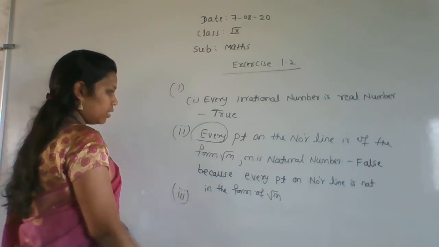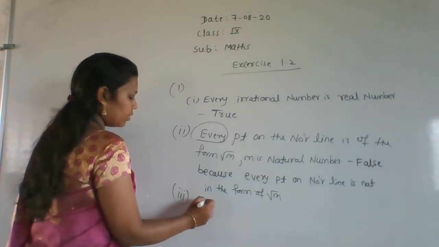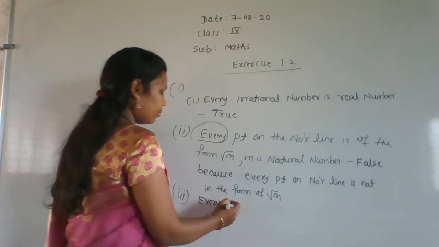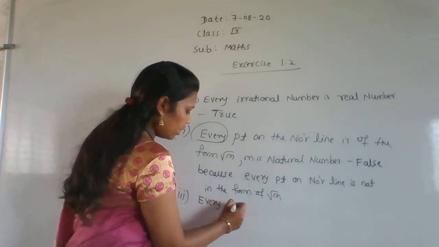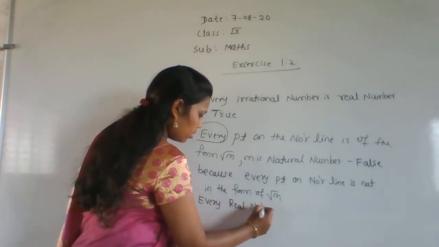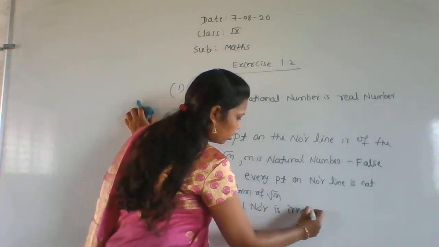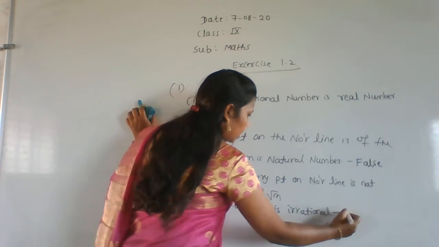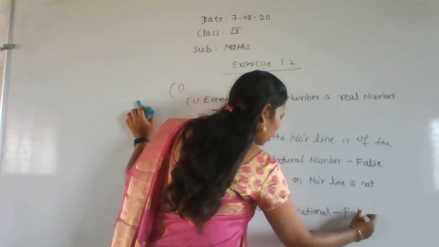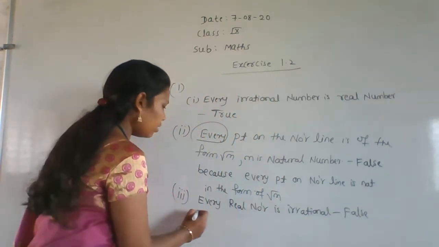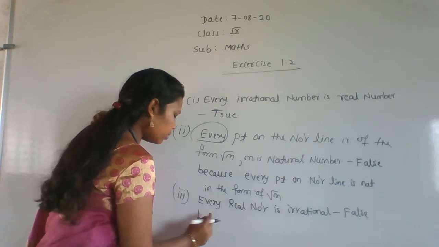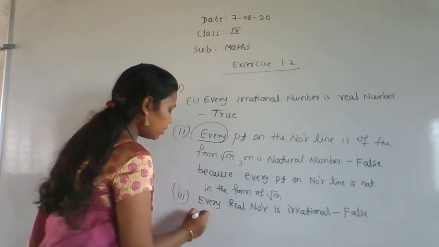Third one I'll say here: every real number is irrational. It is a false statement. Why? Because, instead of writing because, I will write a symbol here.